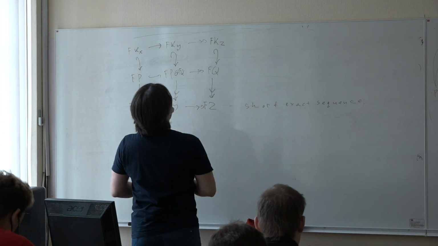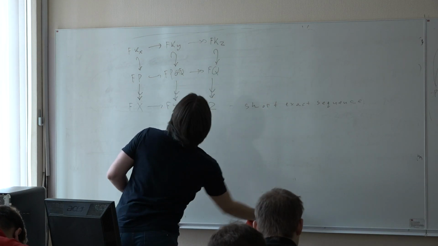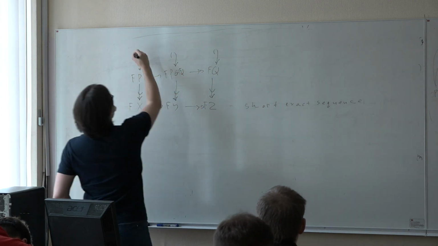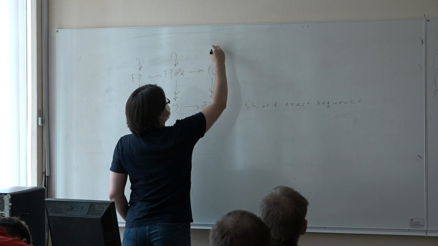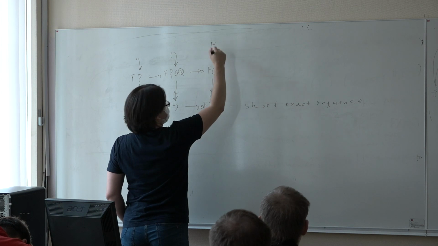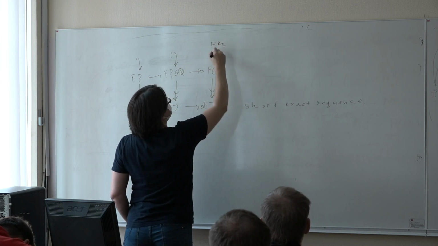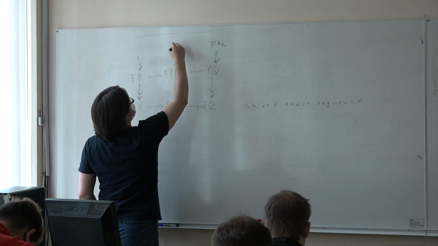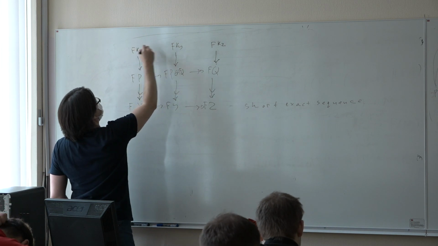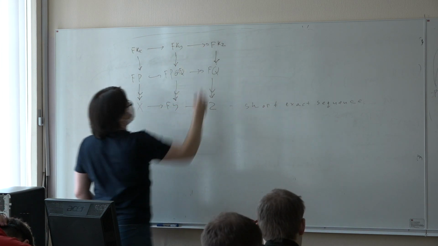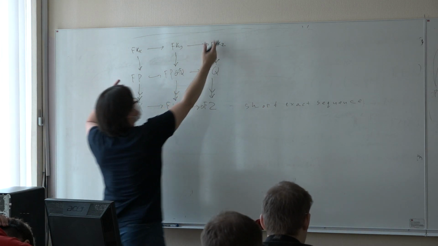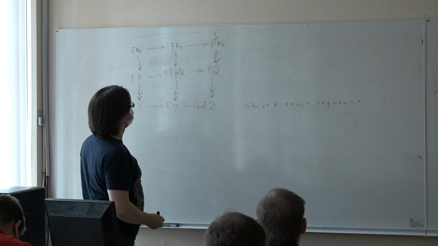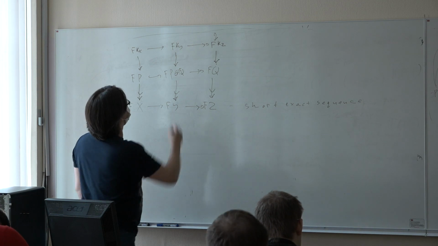Sorry, I write it a little downwards. And kz, and here you don't have monos anymore. F ky, f kx. But you can take the kernels. So I don't know how to denote them.